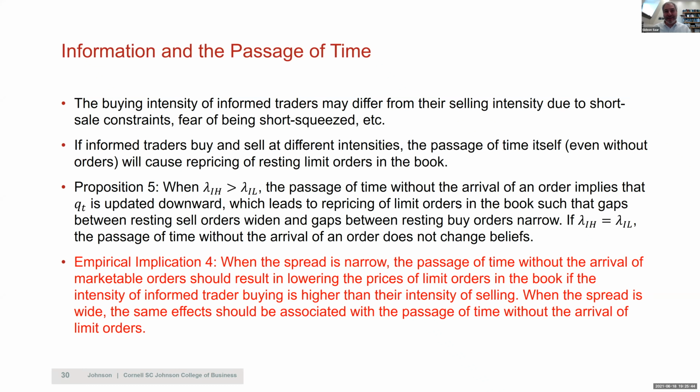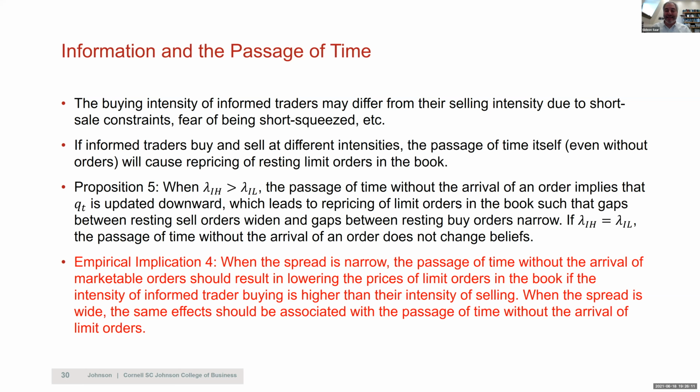And in fact, the model has implications. So let's say the intensity of buying by informed traders, given that they see a high signal, is higher than the intensity of selling, given that they see a low signal. So the passage of time without an arrival of an order would imply that Q would be updated downward, which leads to repricing in the book, so that everything moves down.